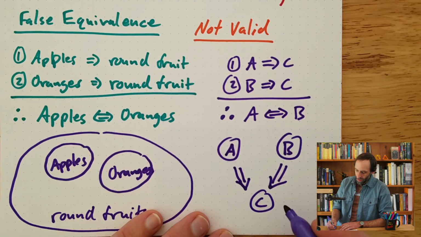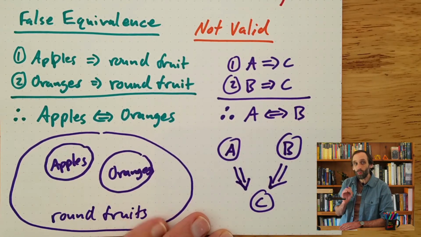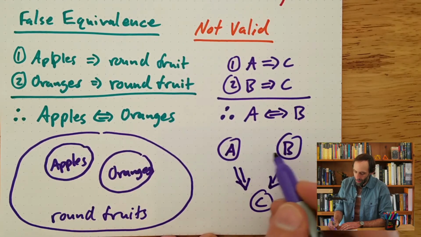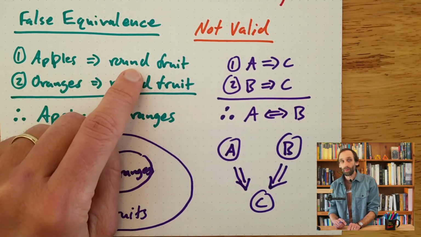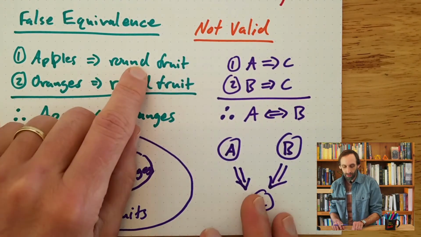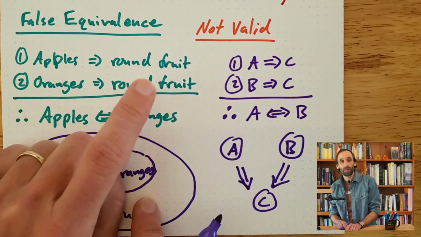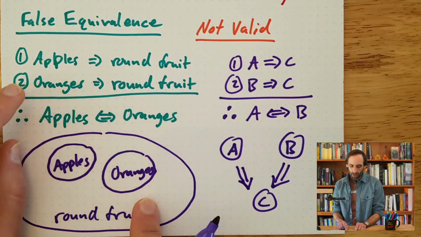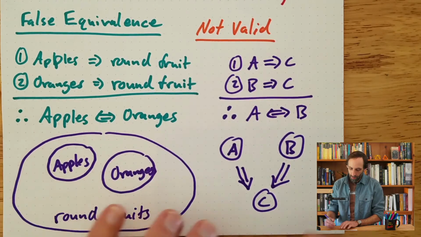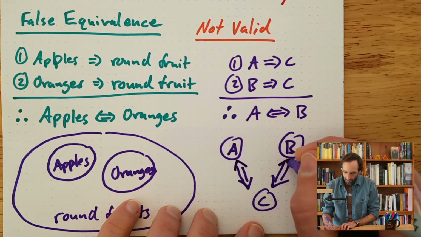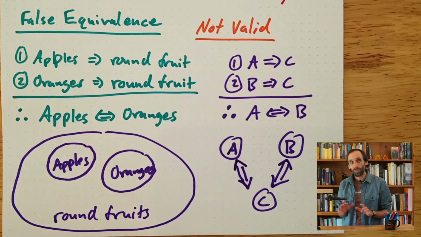However, if for some reason B and C were equivalent and A and C were equivalent, then you would be able to say that A and B are equivalent. So if, for example, you have an apple if and only if you have a round fruit, if all round fruits were apples and all apples were round fruits, and furthermore, all oranges were round fruits and all round fruits were oranges, so orange if and only if round fruit, if those two things were both true, in other words, if these were both logically equivalent, then it is true that apples and oranges would be equivalent, okay?